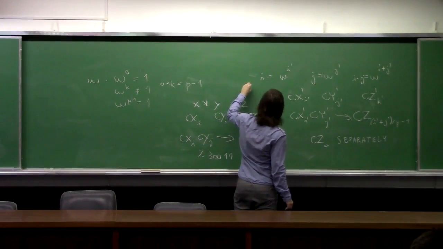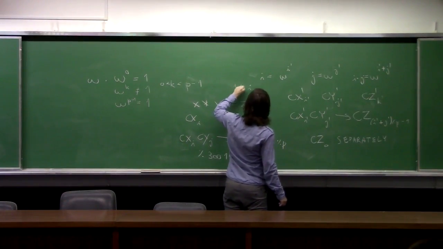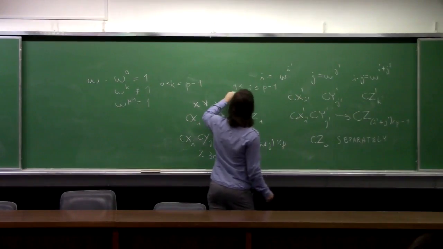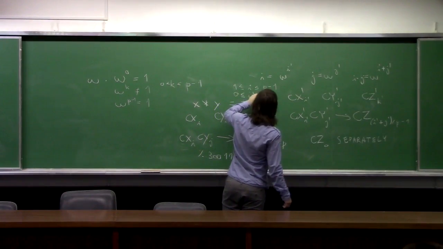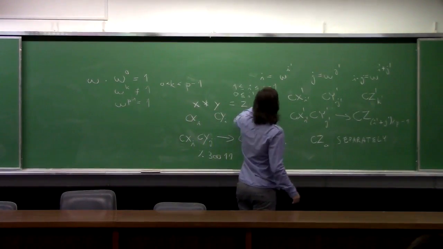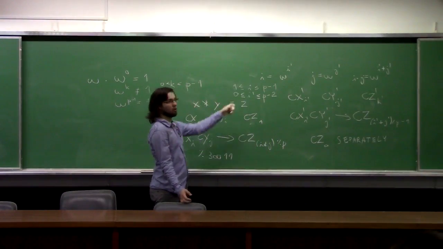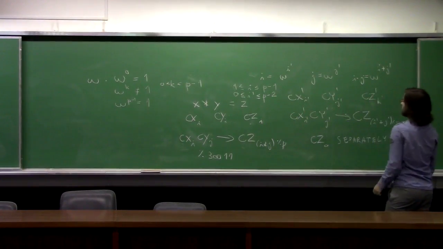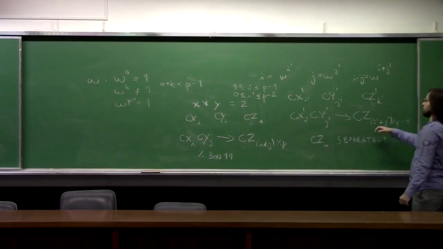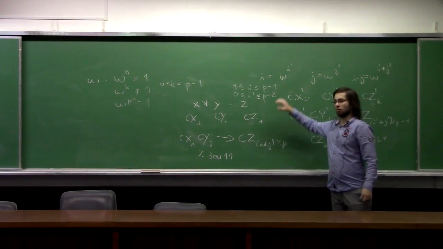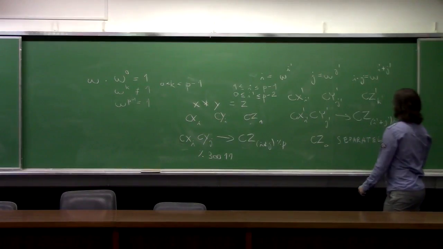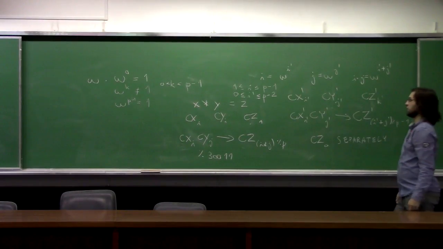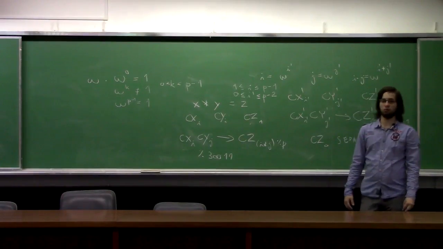If i is between 1 and p minus 1, then i prime is up to p minus 2, so this is a transformation of indices, and here we work modulo p minus 1, so the indices are up to p minus 2, and then we just use this bijection to get an inverse transformation, and get from CZ prime k prime to CZ k for each k from 1 to p minus 1.